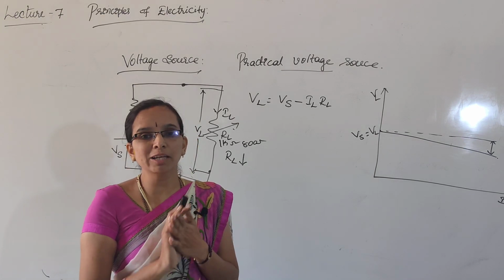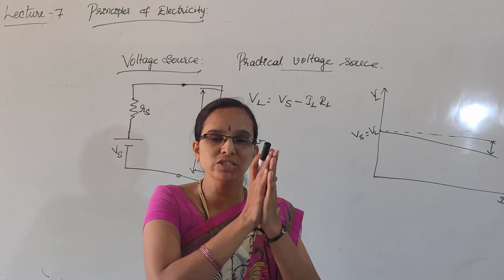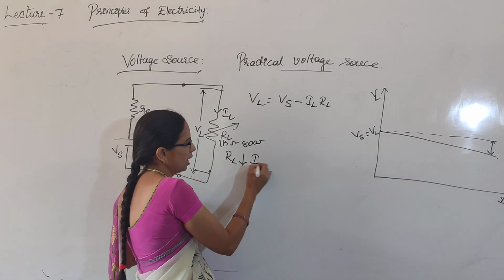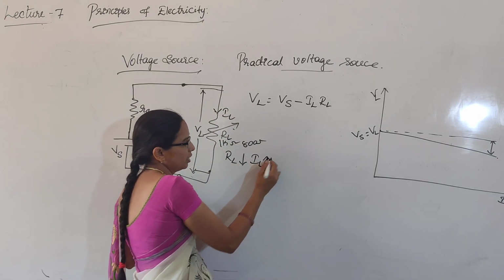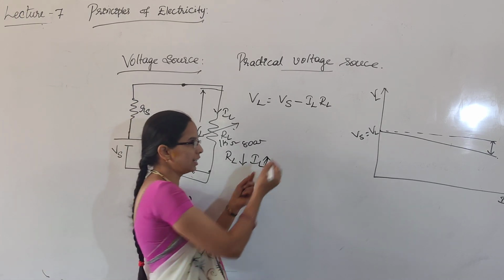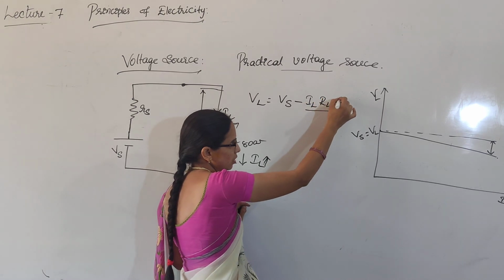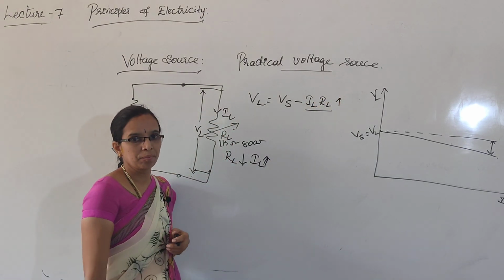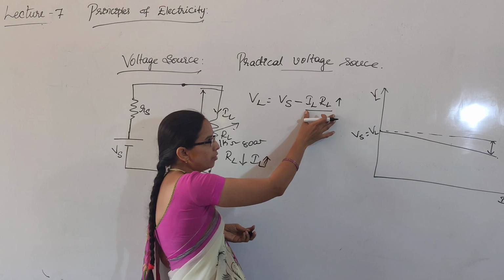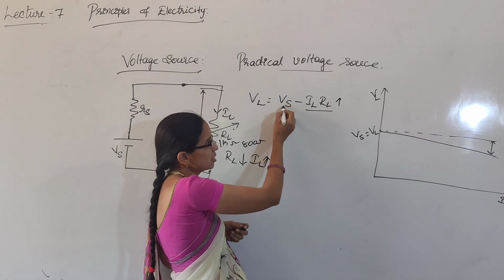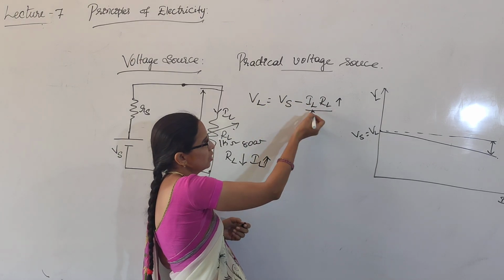Resistance is nothing but opposition to the flow of current. Opposition decreases, so current IL increases. If IL increases, the product ILRS also increases.